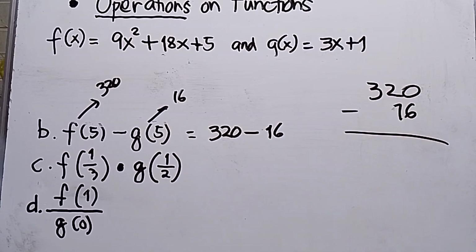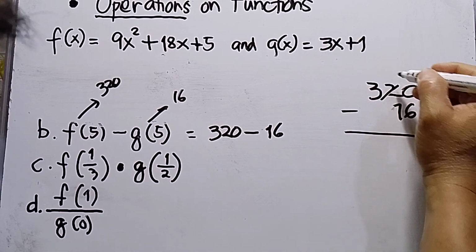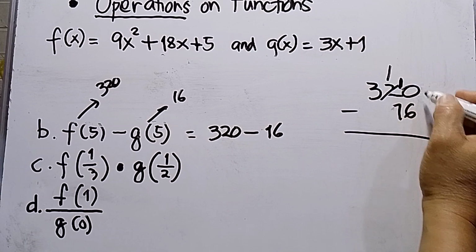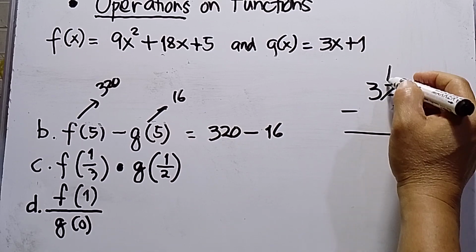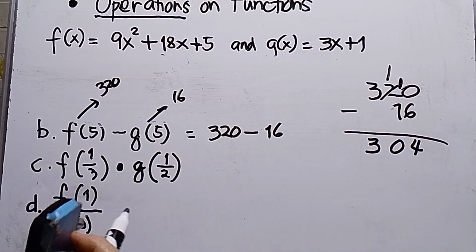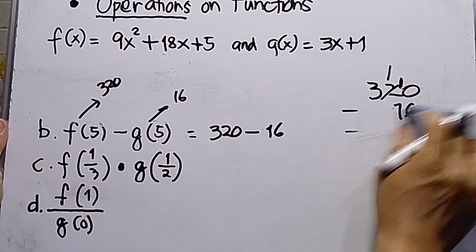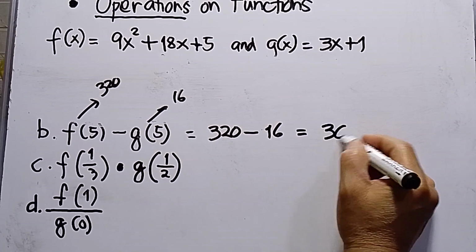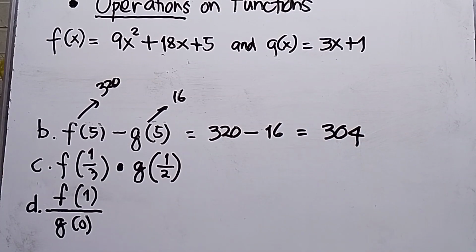So 0 cannot be subtracted by 6, so we need to borrow from here. 1 and then put beside 0. 10 minus 6 is 4. Now 1 minus 1 is 0. Then bring down 3. So this is 304. Letter B is 304.